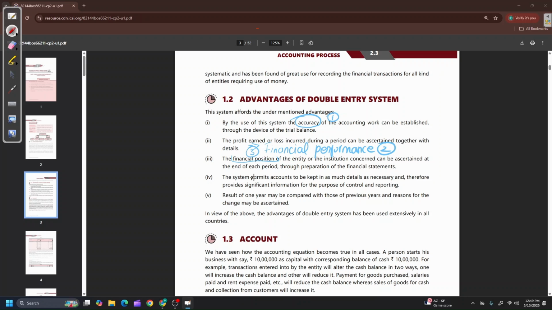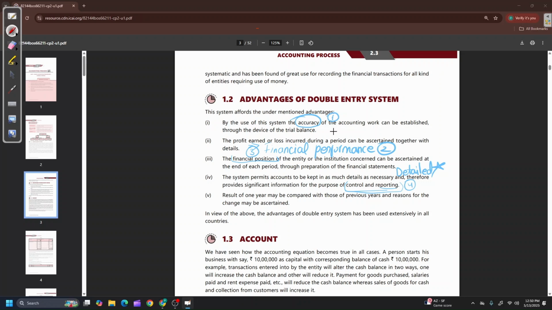दैट्स इट. The system permits accounts to be kept in as much detail as necessary and therefore provides you control and reporting. So you can just do this as your fourth keyword. Control and reporting, it's detailed. Yeah, so you say that it's very detailed, that is an advantage, or you can say it helps in control and reporting. ठीक है, तो first है accuracy.